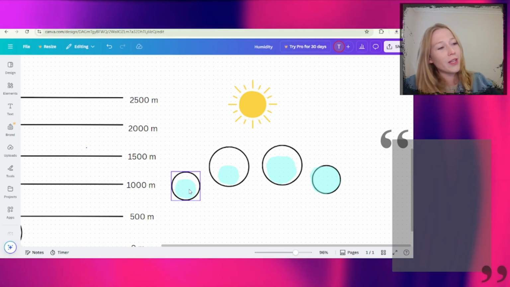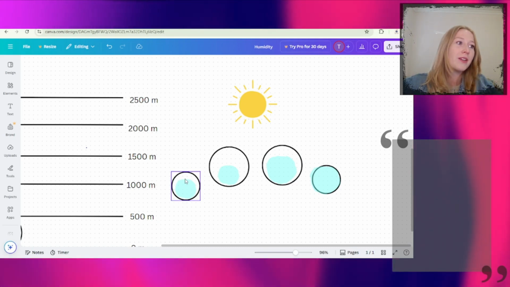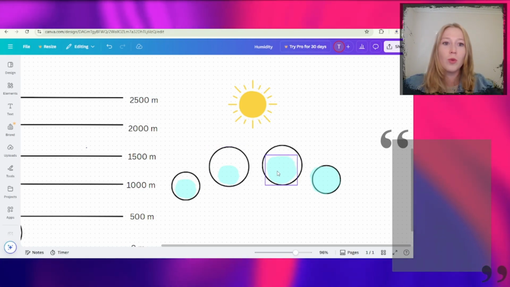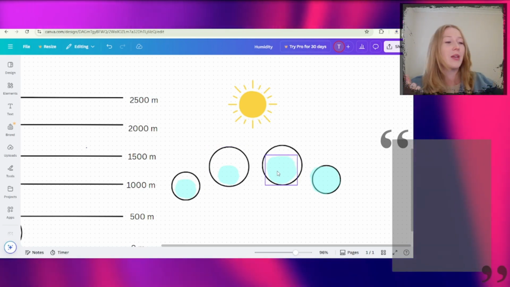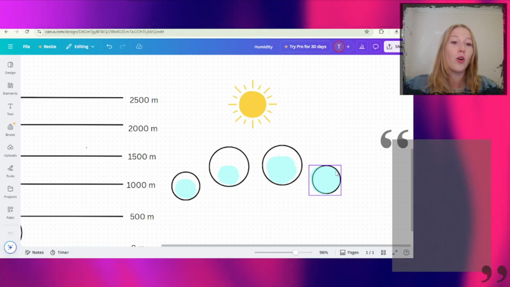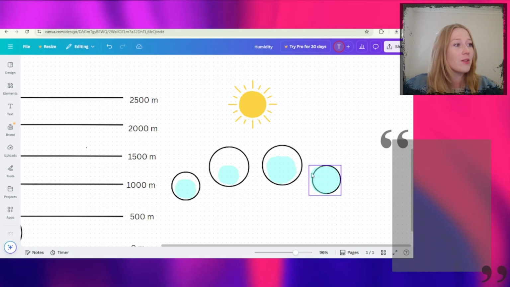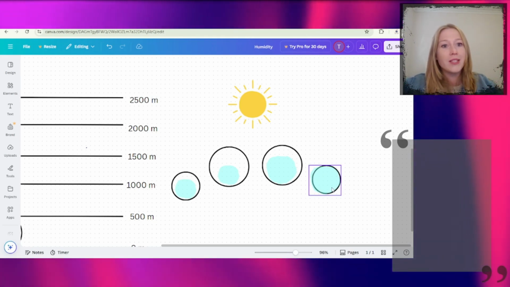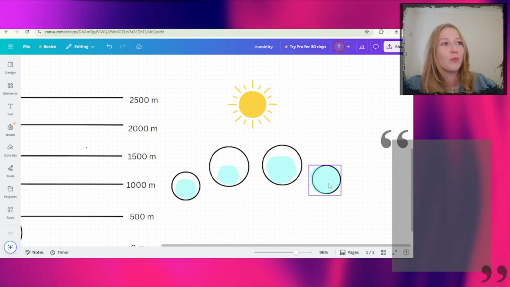So early morning, less water vapor, it warms up, it evaporates some more water, it gains some more water vapor, and as it cools into the afternoon, it can hold less vapor, and now suddenly it is full from all of that water vapor it had evaporated, and it reaches saturation point.